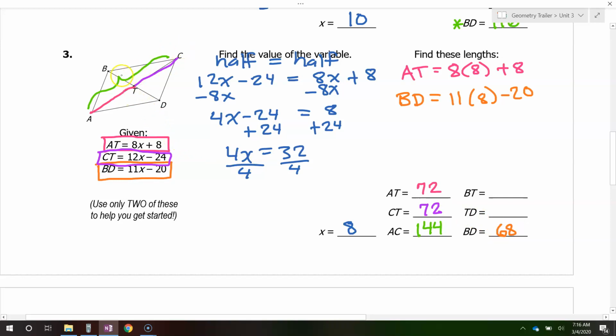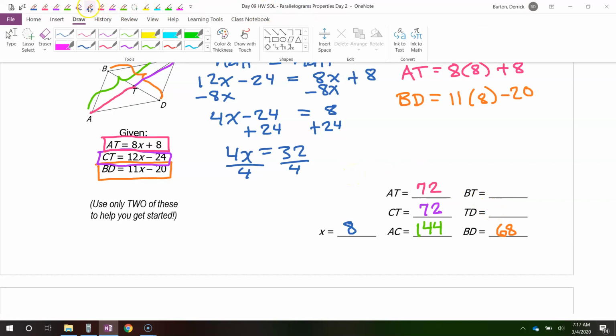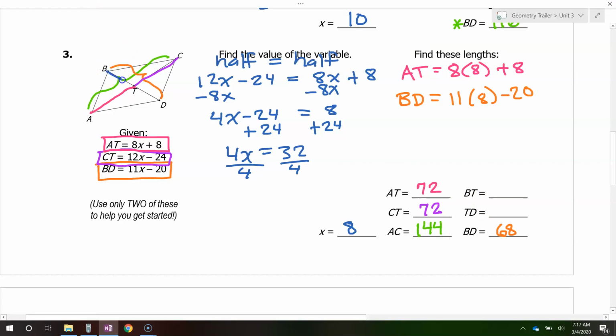Okay, now in the picture, BD is the whole thing that goes like this. All right, there is BD. Okay, so the other two should be half of that, because BT is this right here. That is half.